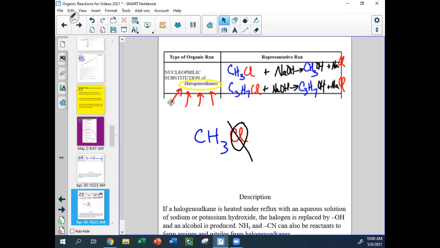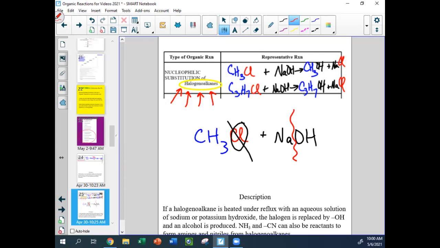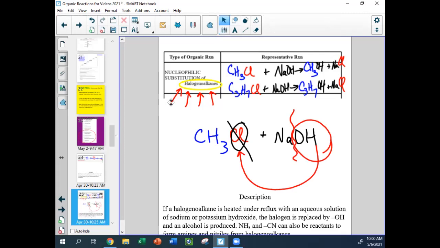It's going to be reacting with NaOH, but the NaOH is going to be split into its two ions. Interestingly, the NaOH will have the OH part come and take the place of the chlorine. Hence, it's called substitution. The chlorine comes off, the OH goes on, and that makes an alcohol.